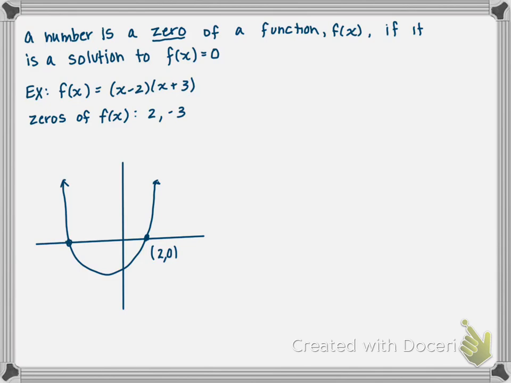And if I plug negative 3 into that function, I get an output of 0. So that corresponds to the point that has an x value of negative 3 and a y value of 0. So the zeros of the function are the x coordinates of the x-intercepts of the graph.